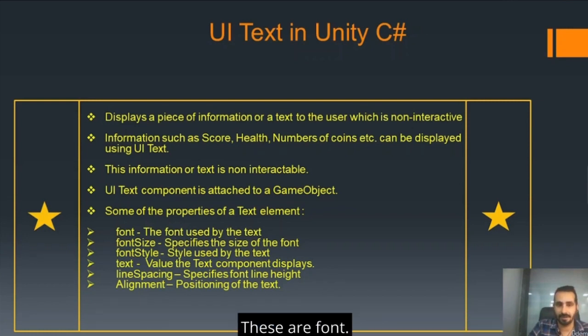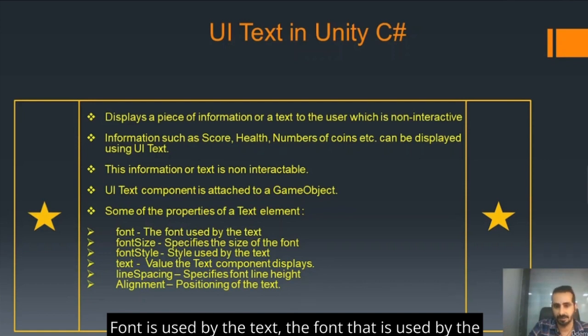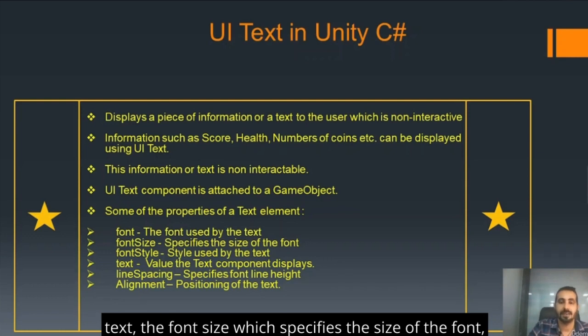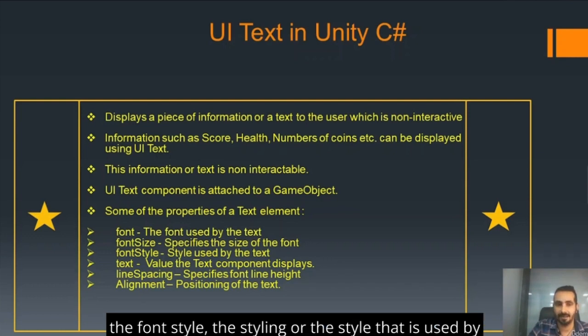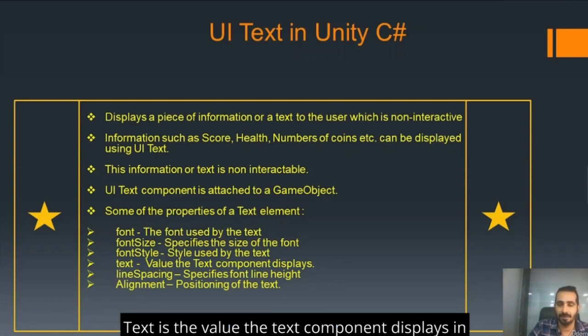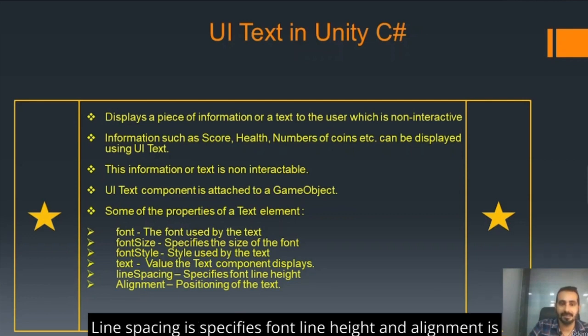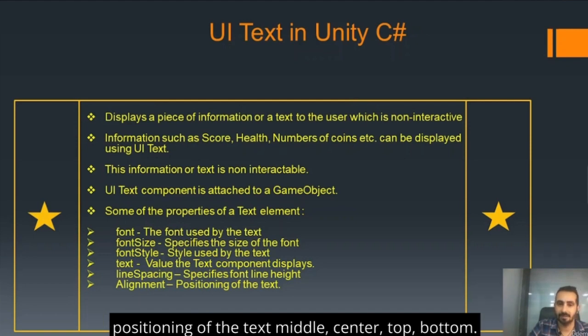These are font, the font that is used by the text, the font size, which specifies the size of the font, style, the styling that is used by the text. Text is the value the text component displays. Line spacing specifies the font line height. And alignment is the positioning of the text: middle, center, top, bottom.